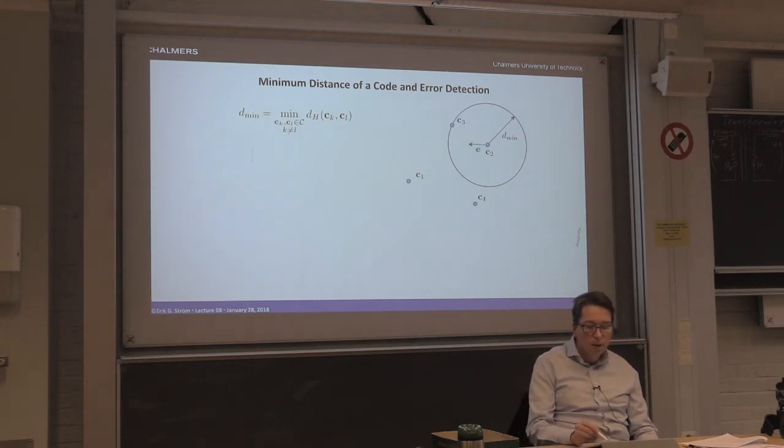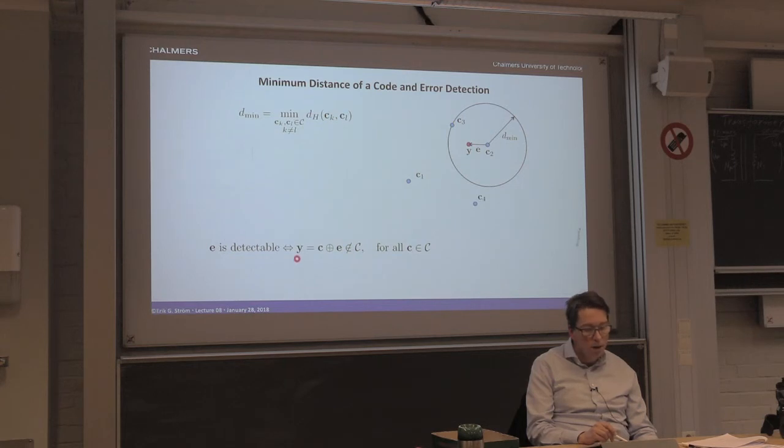Okay? So why is this good? Well, it tells me that if I transmit C2, and we have some error pattern, then the received word Y would be the sum of C and E. And the error E is detectable if, and only if, Y is not a code word.